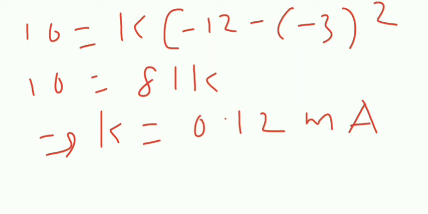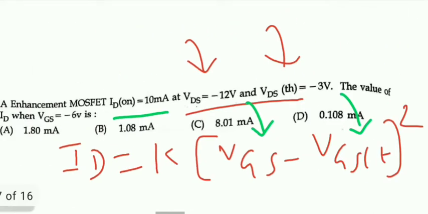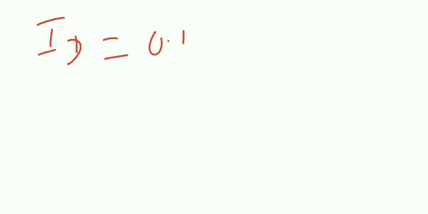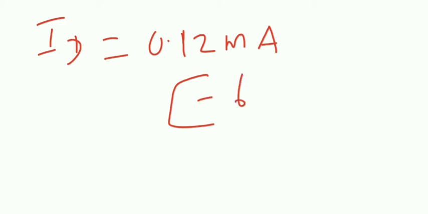What we have to find now? Now we have to find, for VGS of minus 6 volt and VGS threshold of minus 3 volt, what is our ID? So ID is equal to K, which is 0.12 milliampere, into VGS of minus 6 volt and VGS threshold, which is already given, minus 3 volt.